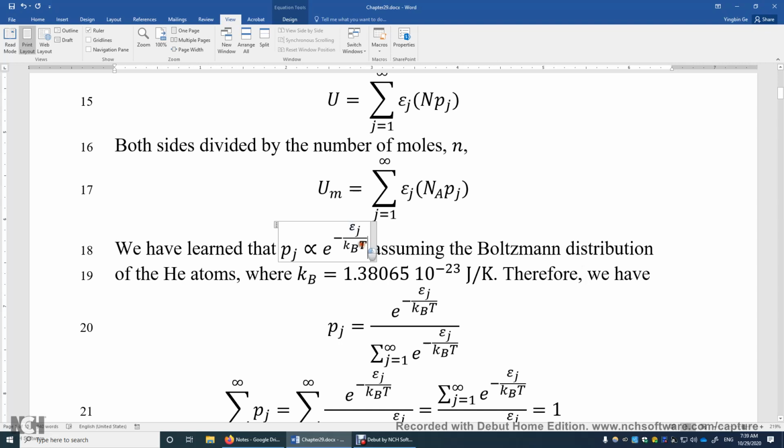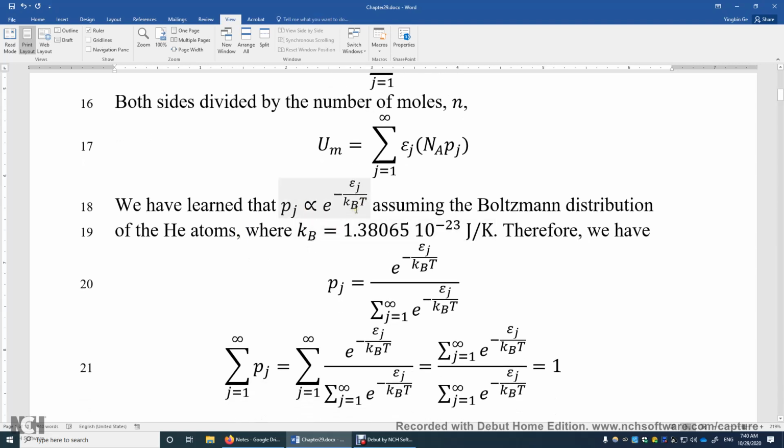And if your temperature is really low, you will have even lower probability of finding molecules occupying higher energy levels. But when the temperature is really high, you will see these atoms or molecules occupy all energy levels almost evenly.